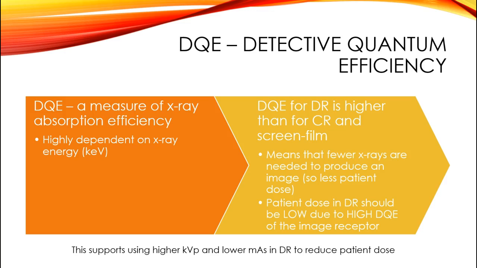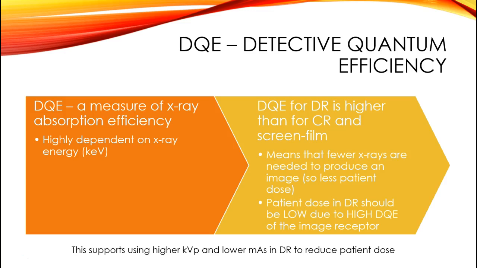Okay, last thing we're going to talk about is called DQE, which is detective quantum efficiency. This is a measure of X-ray absorption efficiency. It is very dependent on X-ray energy levels. Each screen inside your IR has a measurement to it based on what material is absorbing the energy of the X-ray.